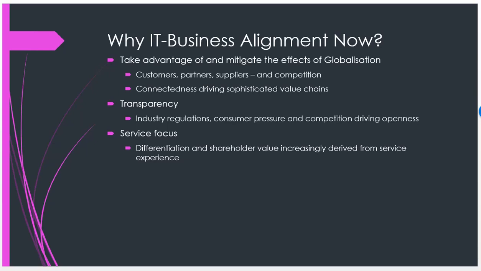So yes, it's very possible to achieve IT business alignment, but it can actually be a very difficult thing to have generally. So I think it's something that you can research on and look at, is it possible to actually achieve IT business alignment for a business, and to what extent is it possible?